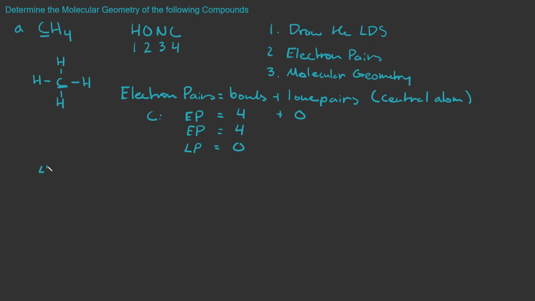If we have exactly 4 electron pairs and 0 lone pairs, we have what we call a tetrahedral molecular geometry. And this is the molecular geometry of our molecule.